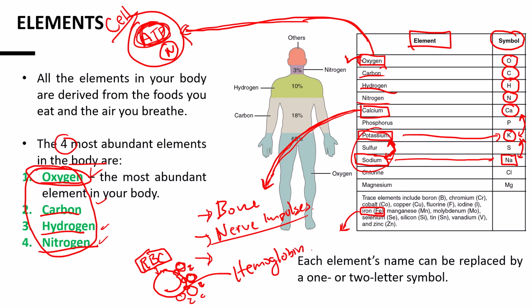This hemoglobin is a protein that contains 4 iron elements, and each molecule of hemoglobin is able to carry 4 oxygen atoms because within the hemoglobin the oxygen attaches to the iron. So that's why iron is important for hemoglobin: without the iron, the hemoglobin will not be able to bind to the oxygen, and the red blood cells will not be able to transport the oxygen to the tissues.